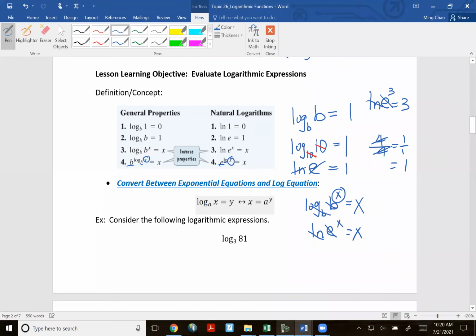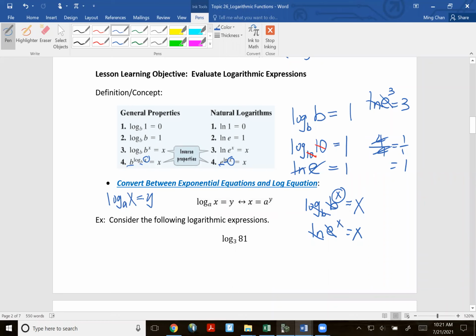So if I have a log with a base a of x, if this base a is not 10, then I cannot put it in my calculator. So what we do is we set this expression equal to another variable.